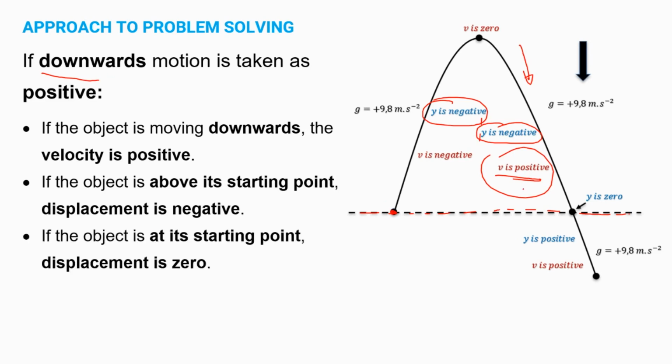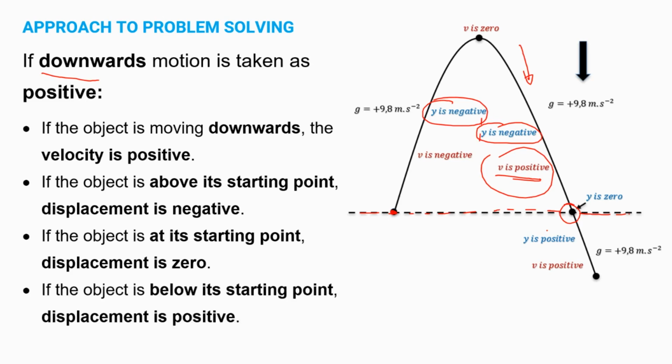Then when the projectile goes up, turns back and reaches its starting point, its displacement is 0. And then below the starting point, like this part here, the displacement is positive. So when the downward motion is taken as positive, take note: acceleration is positive.